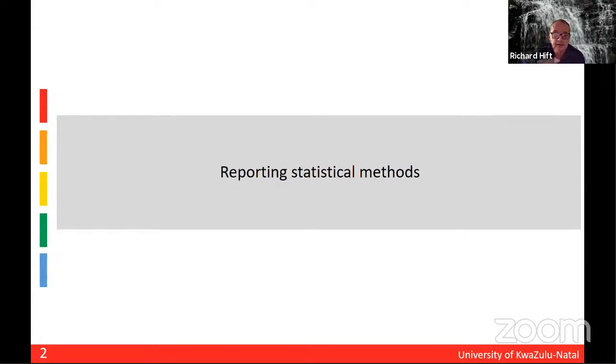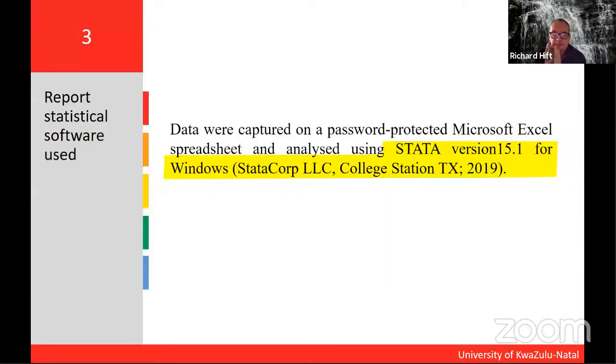And secondly, in your methods section, you've got to describe it in such a way that somebody seeking to reproduce your results can also reproduce the statistical testing in order to come up with the same result as you. I'll make a comment on that in my second to last slide. Right. Now, here's the first thing.